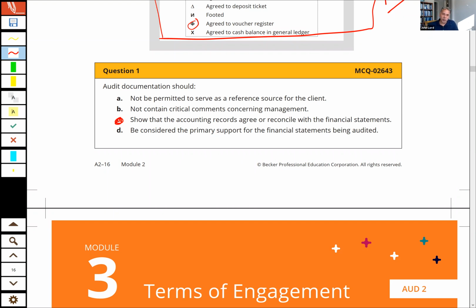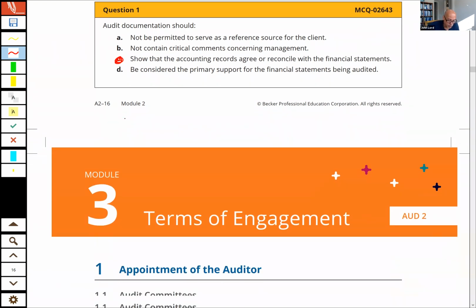The evidence that you obtain from management and from outside the entity, whatever evidence you acquire, supports the financial statements. So your work papers support your report. The evidence that you get and include in your work papers supports the financial statements. Okay, good.